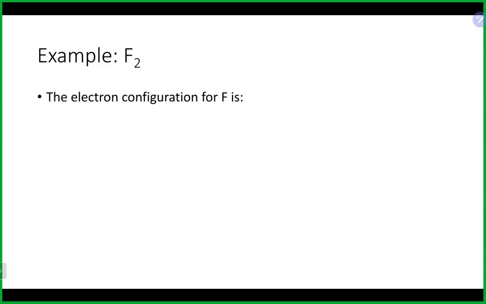So if we look at fluorine, fluorine is group number 7 on the periodic table, which means it has 7 valence electrons. If we have 2 fluorines, each will also have 7 valence electrons. Since they are both fluorine, they're definitely not going to give away their electrons. They're going to share. In this particular case, each of the fluorines will share a pair of electrons between them.